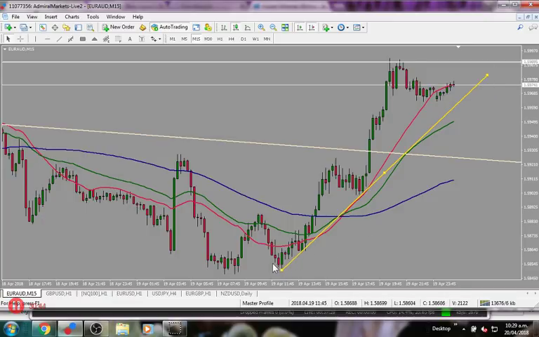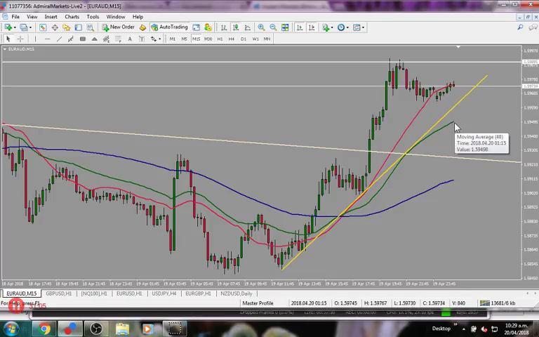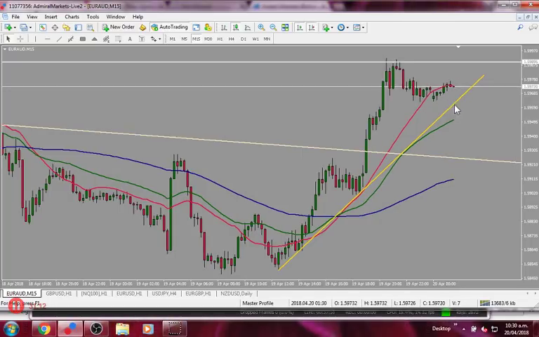So you see we've had a touch here and then another touch here. So this is a short-term trend line. And you can see we're starting to get what I call an area of confluence, where this moving average might come up here, price might come down here. And so this could be a bouncing spot in this area.